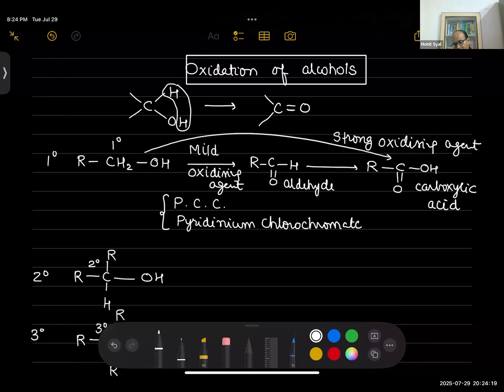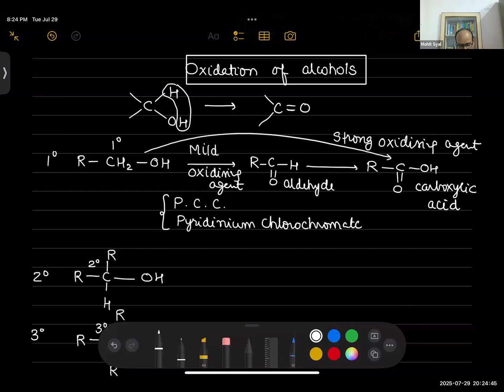Got it? Oxidizing agent. So is it a strong oxidizing agent or a weak oxidizing agent? Aisha, can you tell me, is it strong or weak? Ibrahim, you can also continue. It's strong oxidizing.